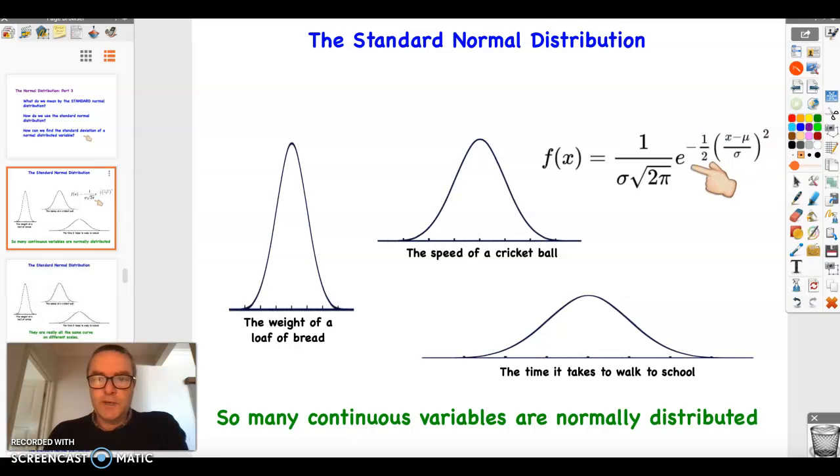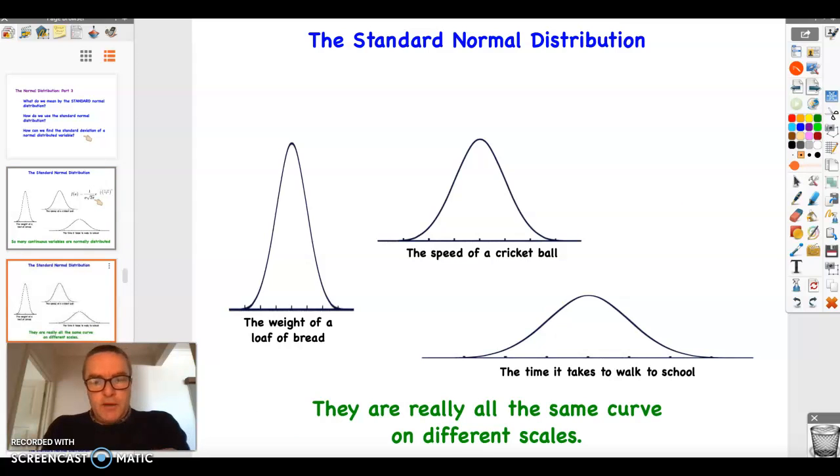It's a nice little formula that incorporates Euler's number and pi. It's not actually a function that you'll need to use or remember, and this is primarily because we have a CAS calculator that has all of the information we need to do with this function and the areas below the curve, which we've been using for probability.